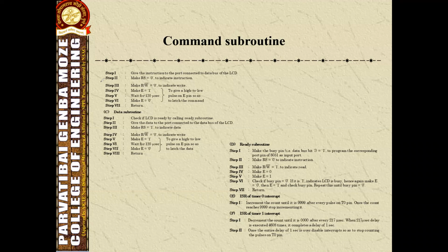Here are some steps. These steps are for the command subroutine, these for the data subroutine, and also the ready subroutine. So we have to follow how to perform a task in a subroutine and, using these steps, how to write the assembly language program accordingly.